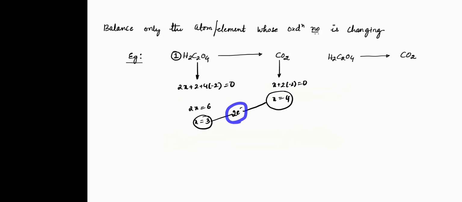Now, why do we need to take it as 2 here? Here I am writing it for 1 carbon, but for 2 carbons, how much will it be? For 2 carbons, the total charge will be 8 on the product side. Clear? So that should be 2 here. For 2 carbons, the total charge is 6 on the reactant side, and it is changing from 6 to 8.